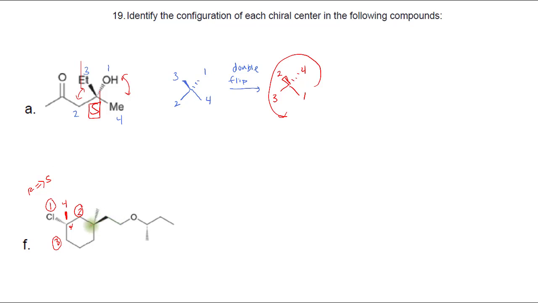For this right here, I have C to C, or C to C to Cl, C to C to C to C to O. This would be 1. This is 2. This is 3.